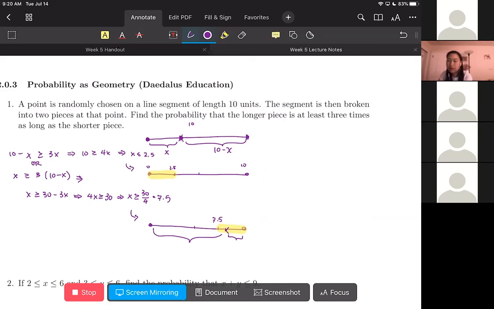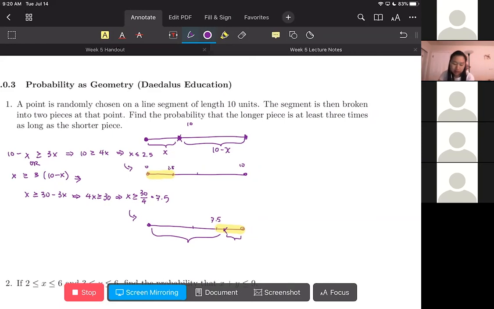So the probability is 1/4 that x is the shorter piece and the longer piece is at least 3 times as long as the shorter piece. But it's also 1/4 that x is the longer piece and the longer piece is at least 3 times as long as the shorter piece. So we need to count both of these cases.